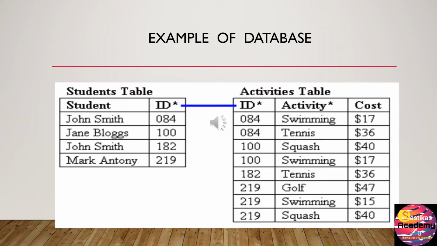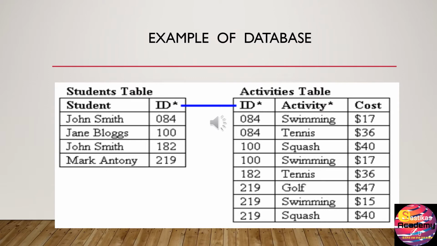Example of a database. For a single database, there are two or more tables, right? But there is a relationship between the tables. Then only can we retrieve the correct record easily. For that, we use the concept of a primary key.